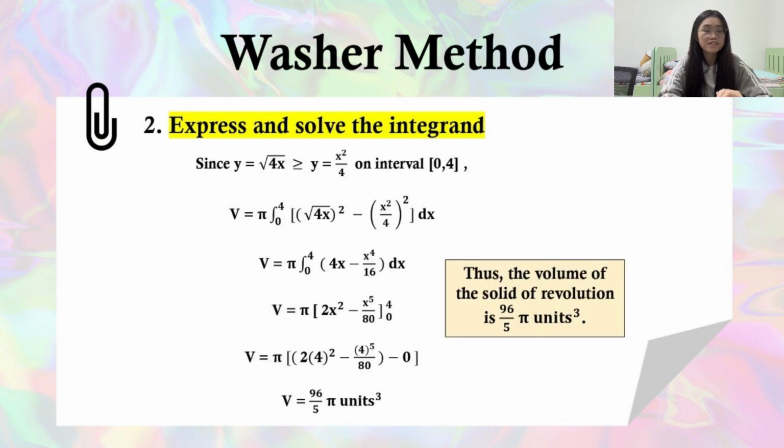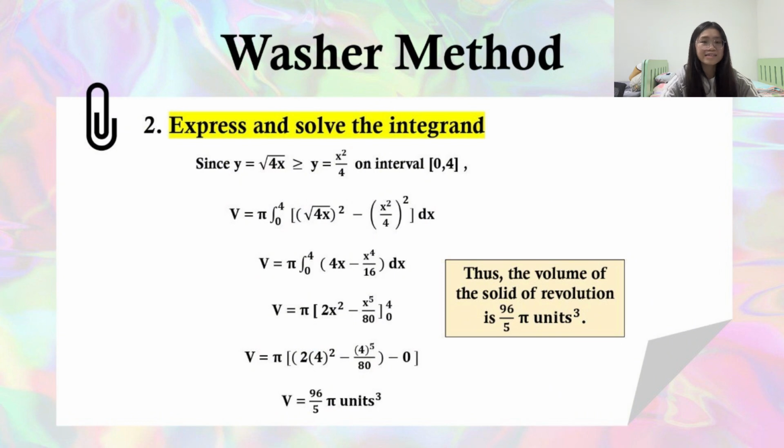After that, the following step is to express and solve the integrand. Since y equals the square root of 4x is greater than y equals x squared over 4 on the interval 0 to 4, we substitute the square root of 4x as the function f(x) and x squared over 4 as g(x).